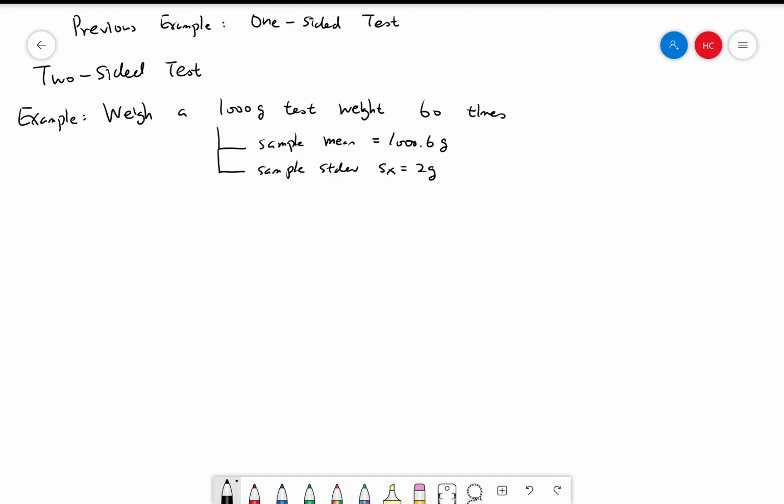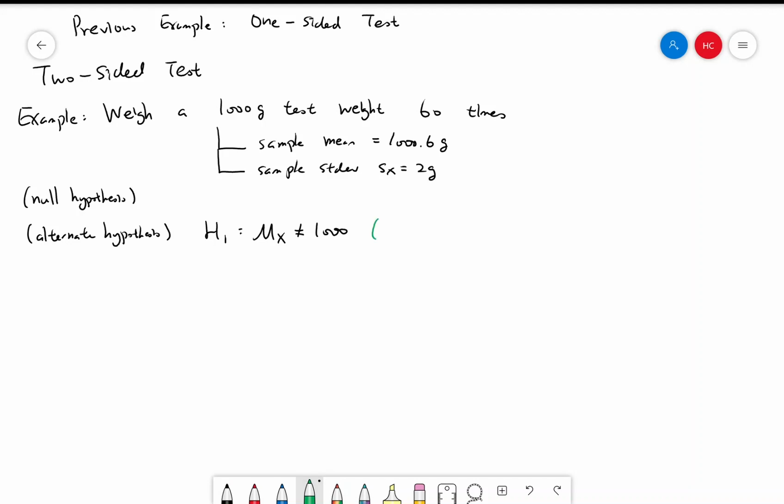So the two hypotheses, the null hypothesis and the alternate hypothesis, can be formed. What we want to believe is that the scale we use to weigh the weight is off, which means the population mean is not equal to 1,000.